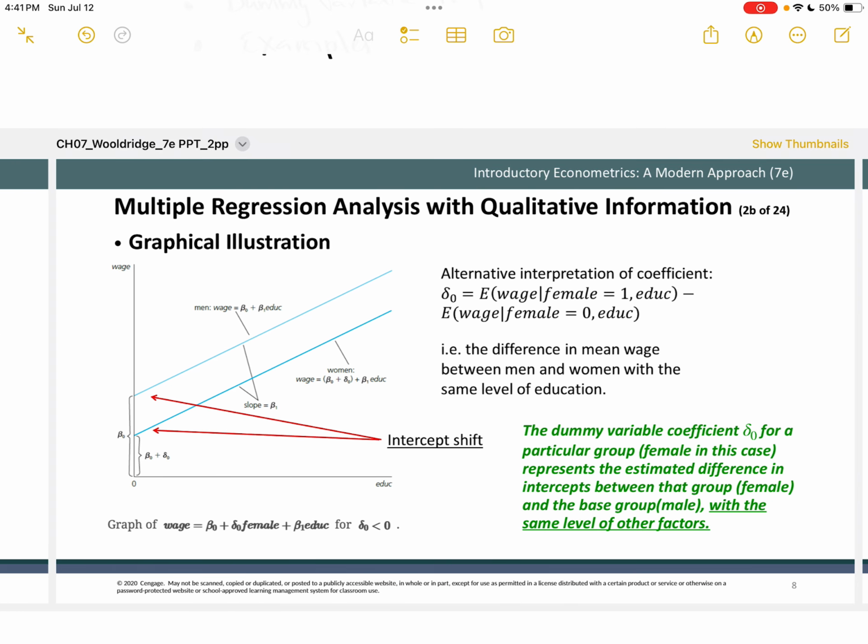Now, that meant that when we drew the male and the female equations, the female equation started at a lower point, right? The intercept for female was lower than the male intercept.